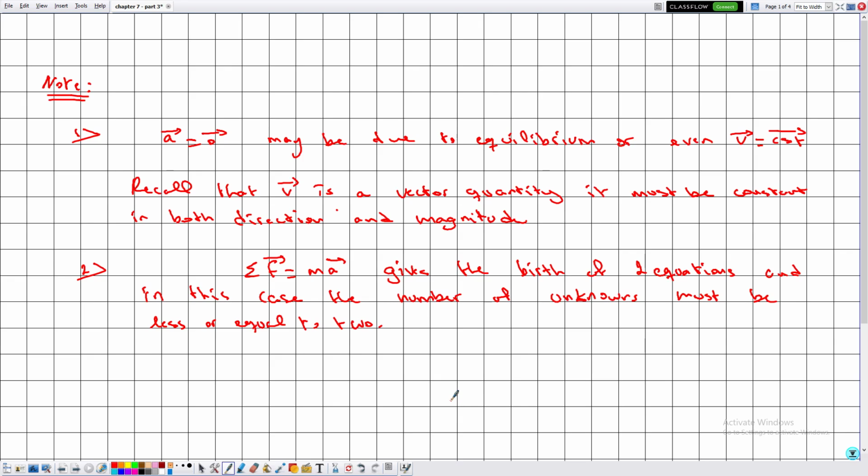I didn't specify the type of equations; the type of equations depends on the problem itself.